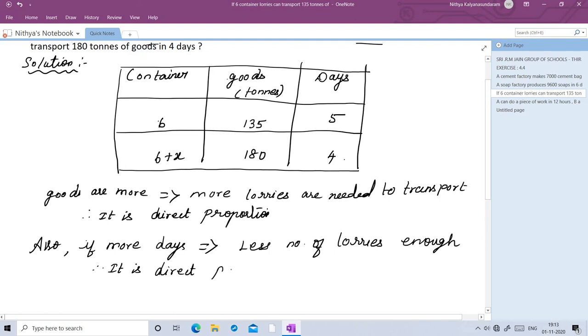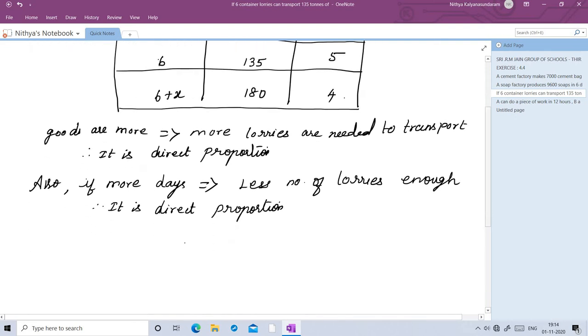This is also direct proportion. So 6 plus x is equal to 6 into 180 by 135 into 5 by 4.